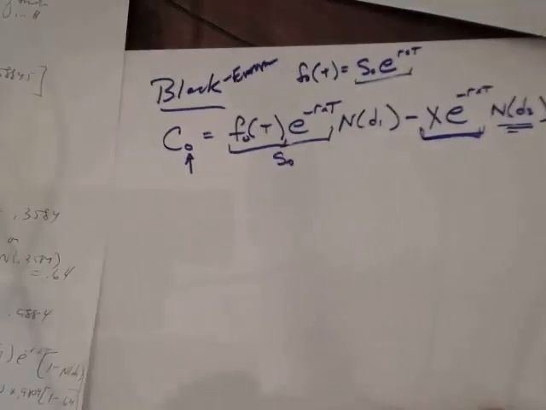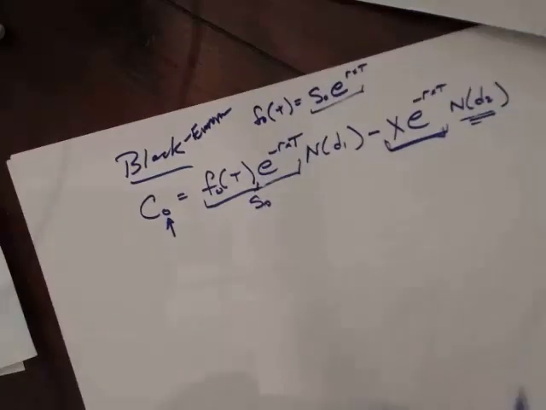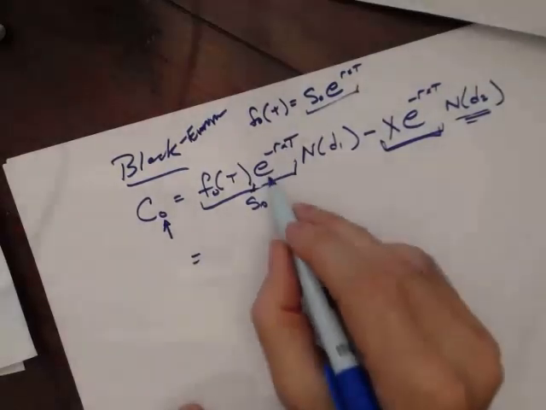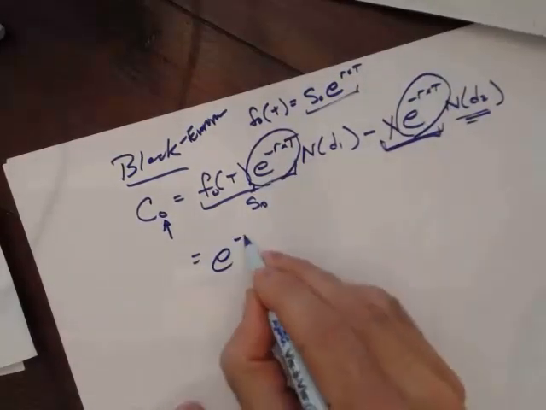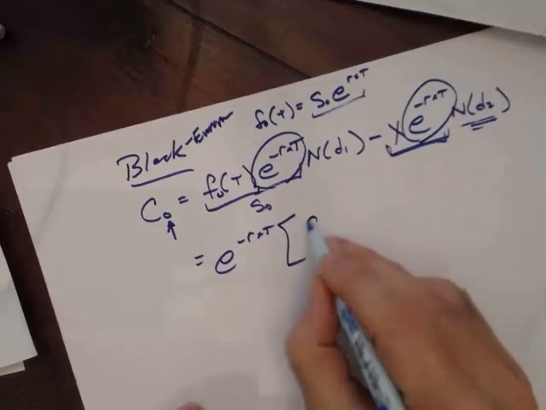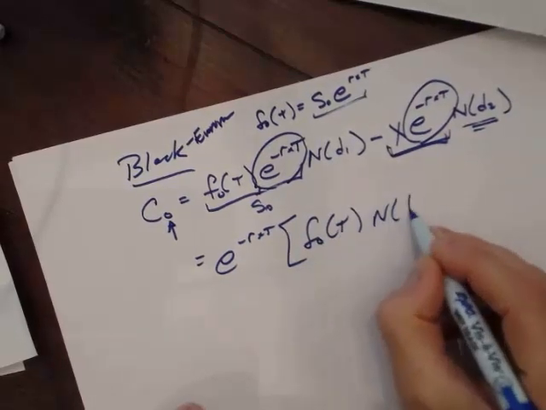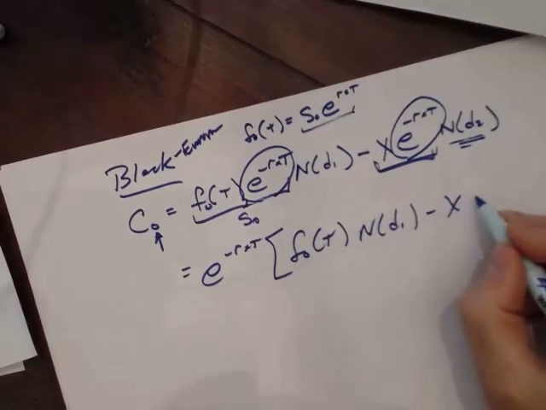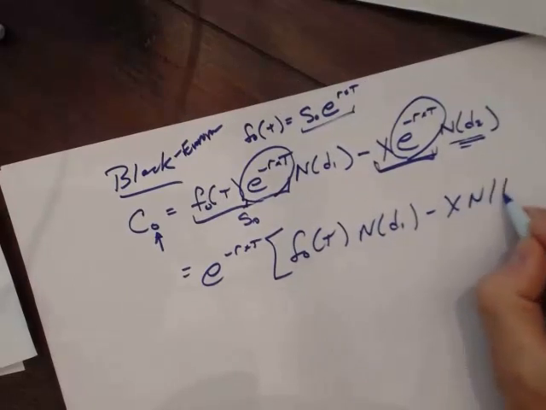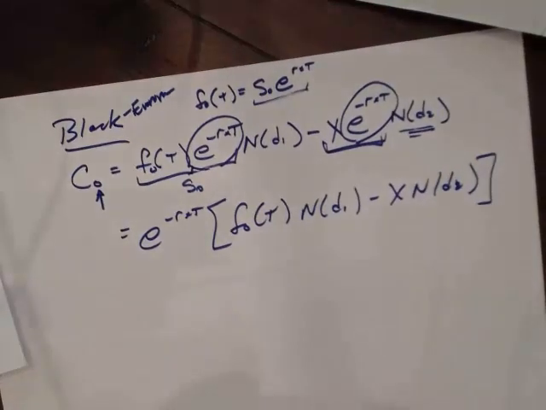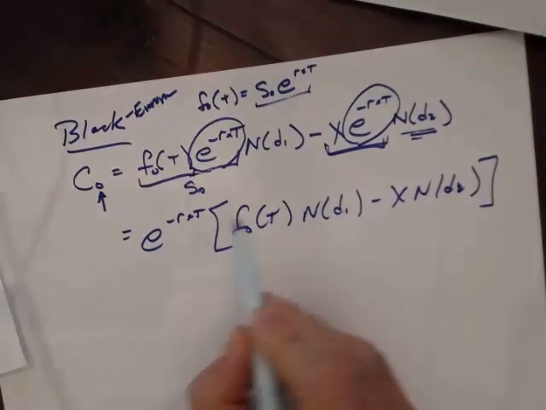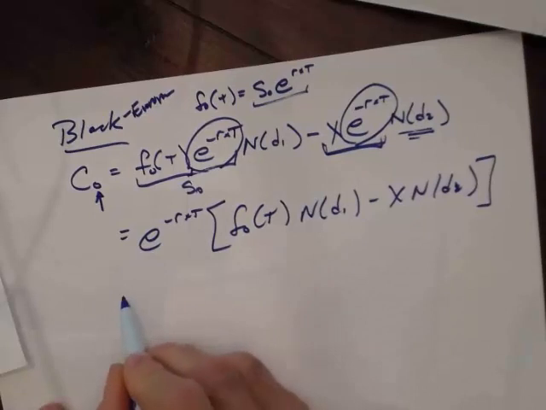So let's actually do that. I think your textbook takes this out. It says e to the minus rT times [F0T N(d1) minus X N(d2)]. So don't get flustered by that. They just take that discounting out for simplicity reasons. And I'll work with it.